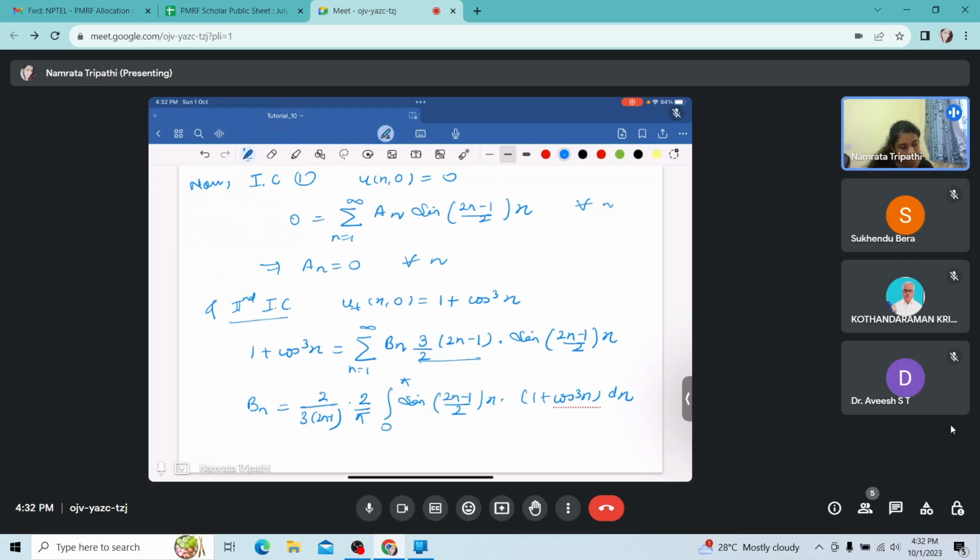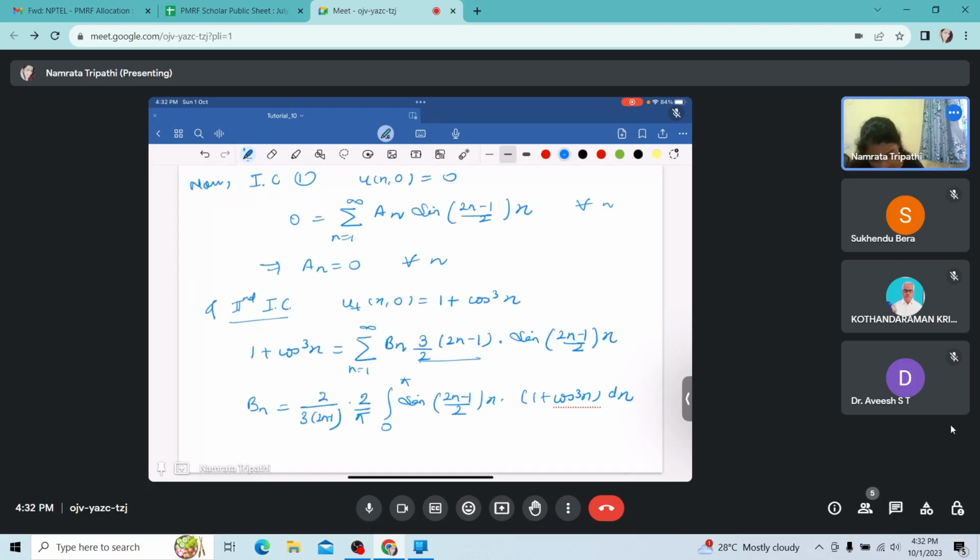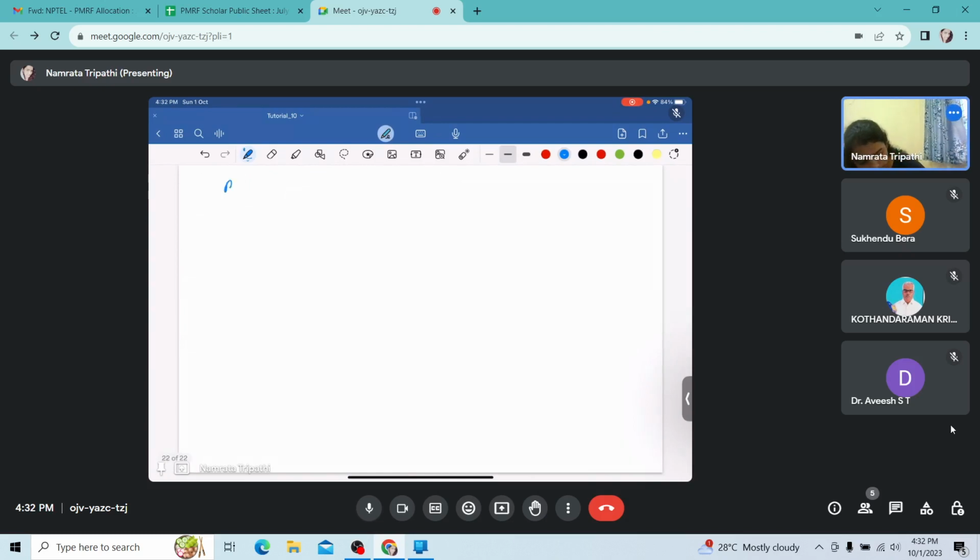So you can use integration by parts. I'm going to write the expression after integration. After integration, you will get 4 upon 3 pi (2n minus 1). The first expression 2 upon (2n minus 1) plus, you can check the integration.